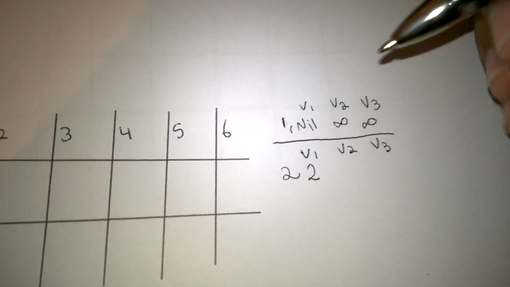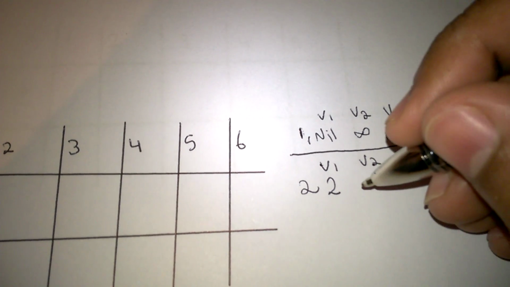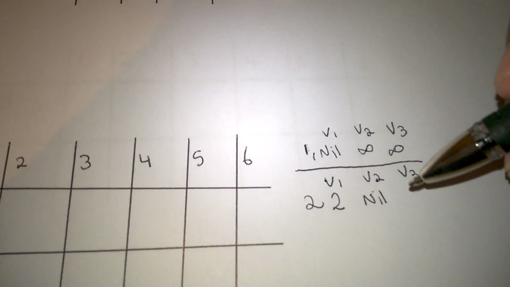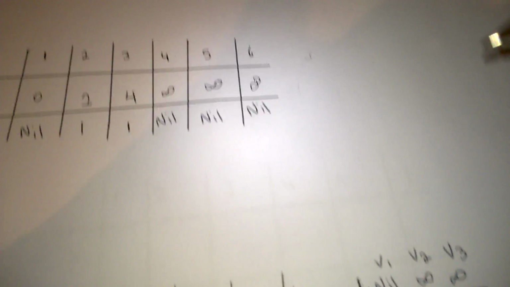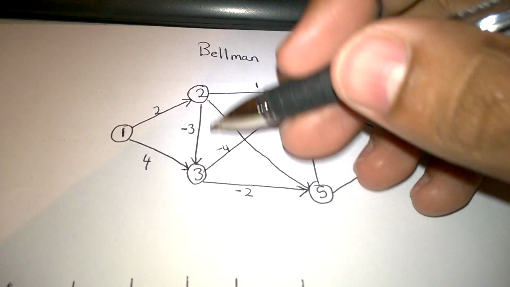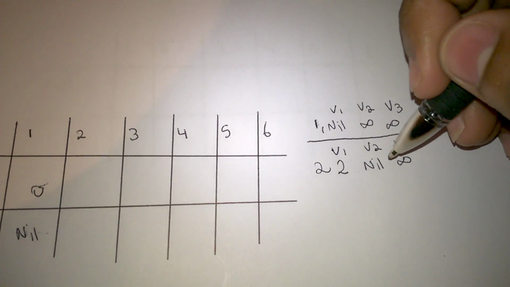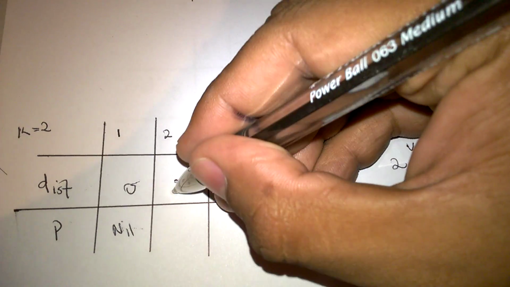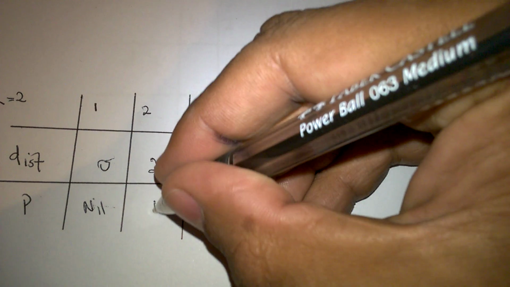Since we're doing 2, we're not going to do anything with this one here, so we're going to leave it as nil, just for now. To reach v2 from v3, we cannot, so we put infinity. And we choose the smallest out of all of these. The smallest out of all of these is 2, so we update it here, and the parent is v1.